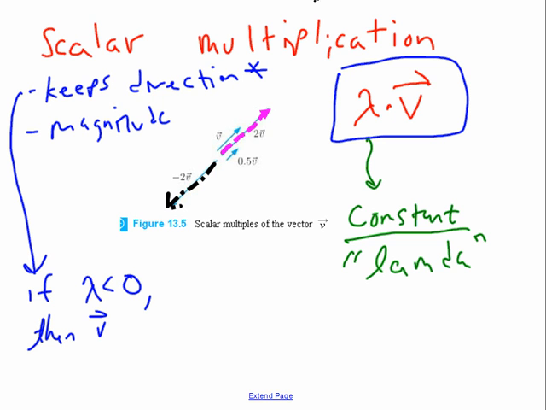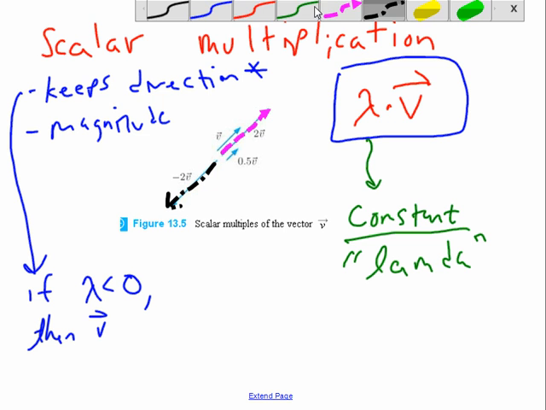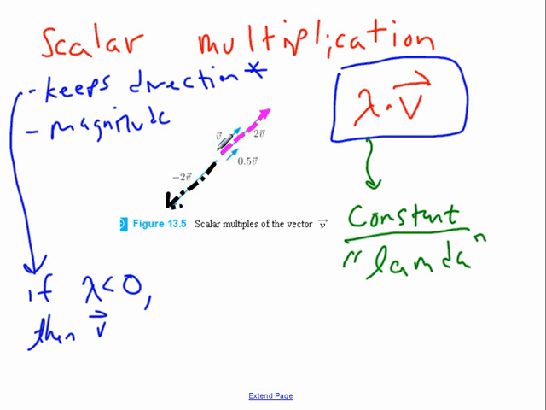What we see here is just a bunch of iterations of our vector v. Our first vector v is what we're starting with. Then 2v is just twice as long, half v is half as long, and negative 2v is twice as long, but in the other direction. So we can multiply vectors by a scalar.